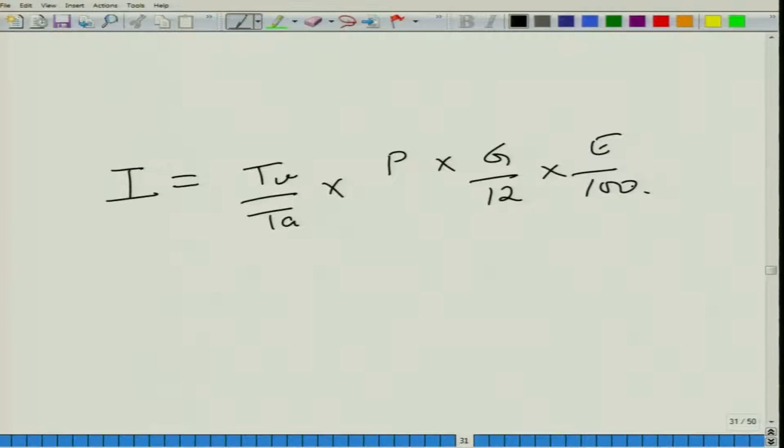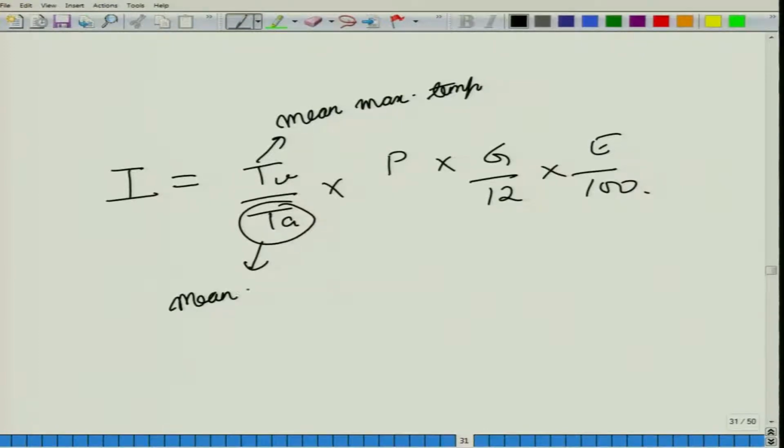Now, in this equation, TV is the mean maximum temperature in the year. TA is the range between the maximum temperature and the minimum temperature. So, it is the mean maximum minus the mean minimum.